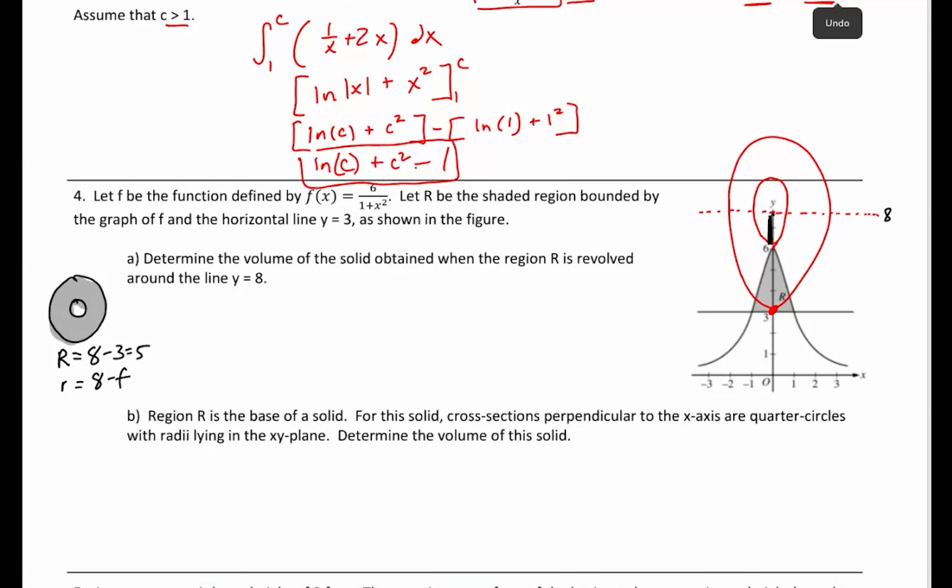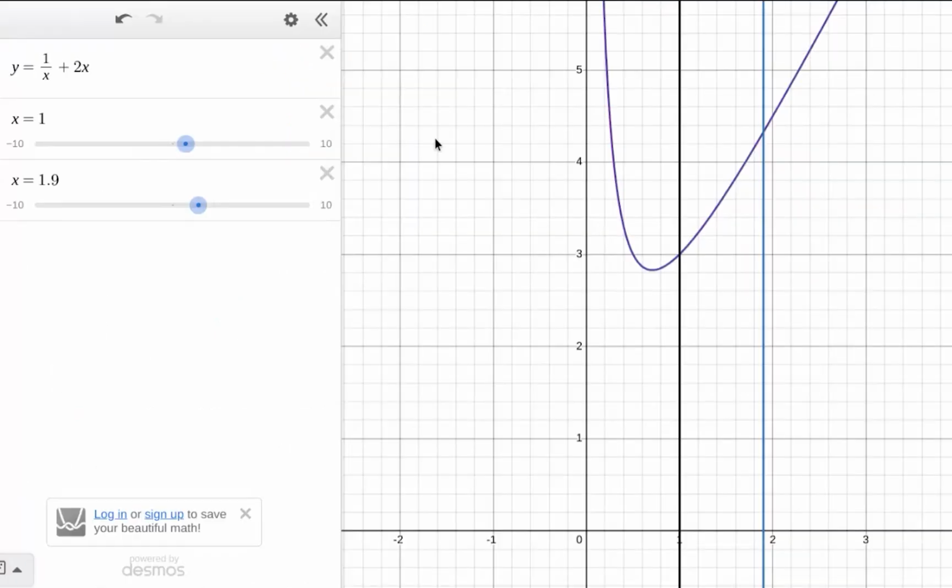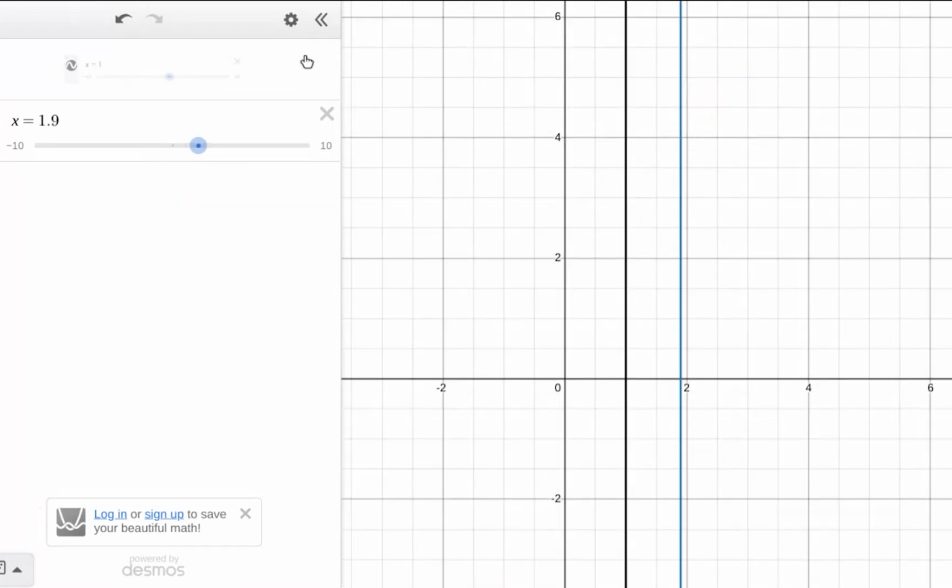Okay, so let's see here. So now we'll set up our volume equation. So the integral from, we need to find these 2 points, don't we? We need to figure out where our boundaries are going to be. So we're going to need to type in 6 over 1 plus x squared. Don't need any of these equations anymore.